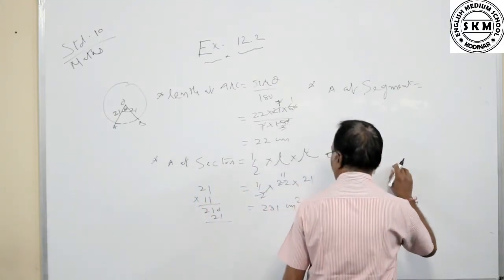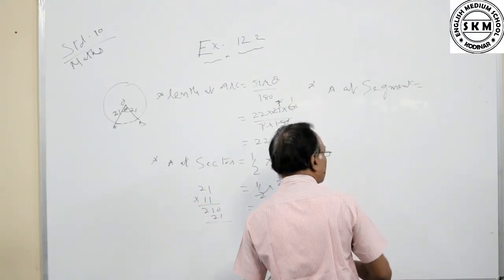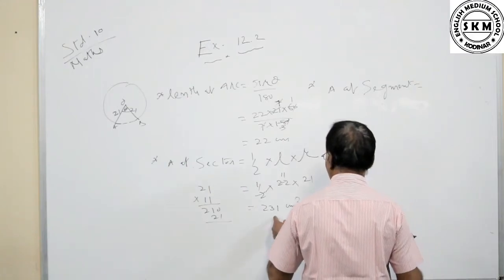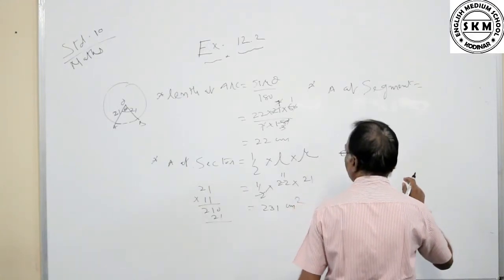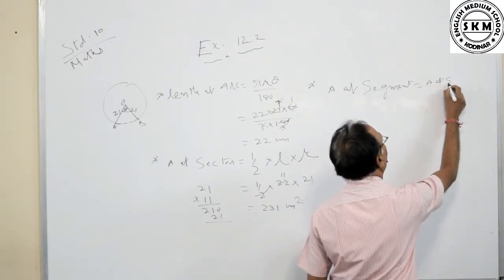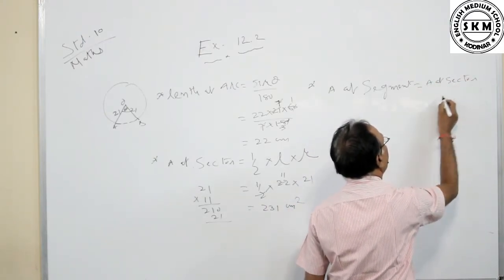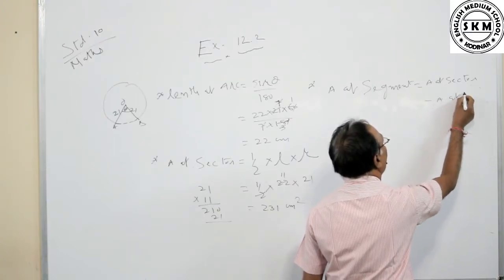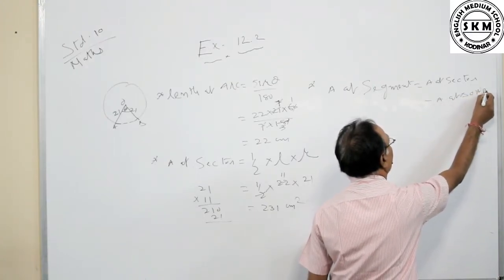We found the area of the sector, 231. So apply the formula: area of the sector minus area of triangle OAB.